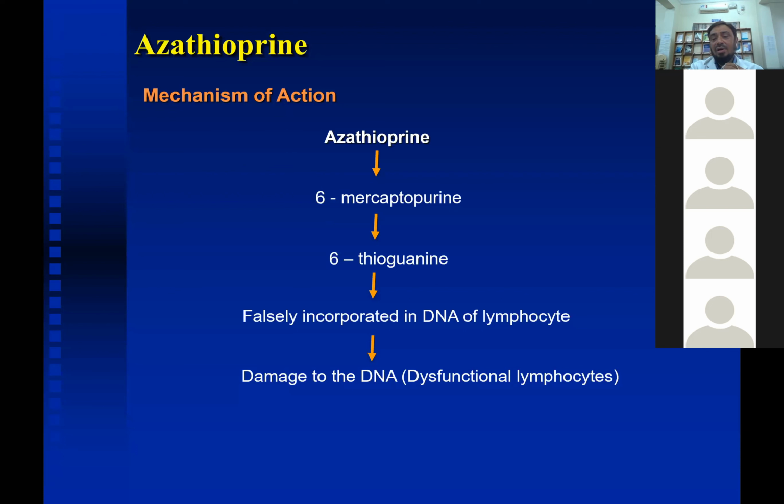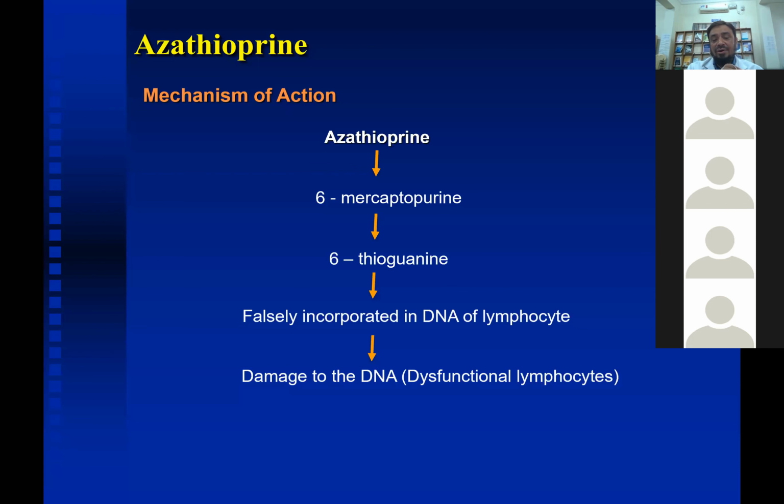Azathioprine is a prodrug. It is converted to the active form, 6-mercaptopurine, and then to 6-thioguanine. This conversion takes place in the lymphocytes. That is why it mainly acts as an immunosuppressant and not as an anti-cancer drug.